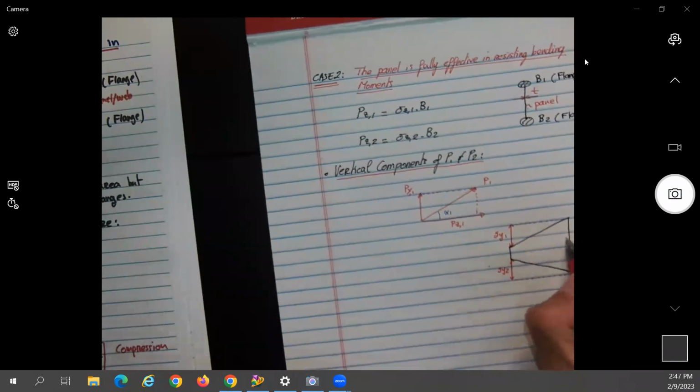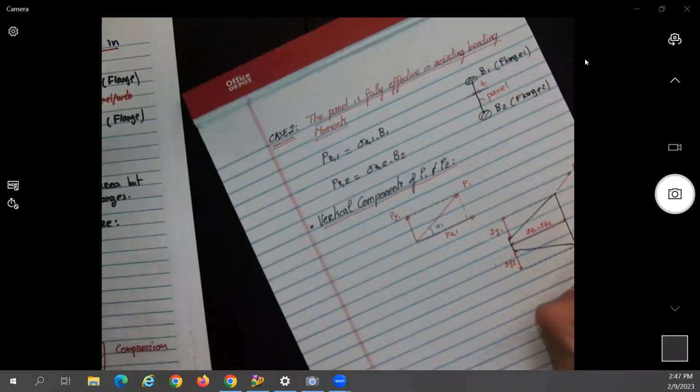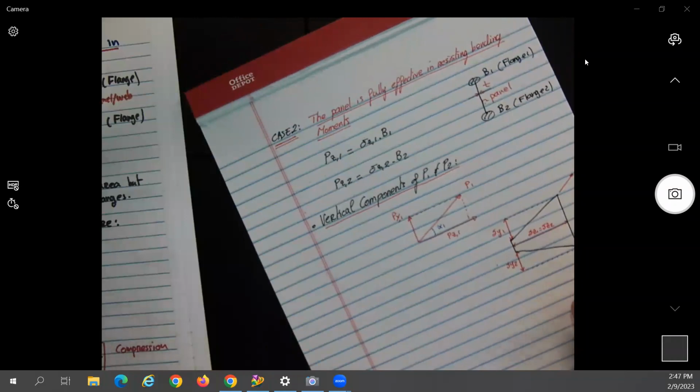That distance, and then that distance if you run from here to here would be delta z1 equal delta z2, okay? Where this is here P1. And P2.